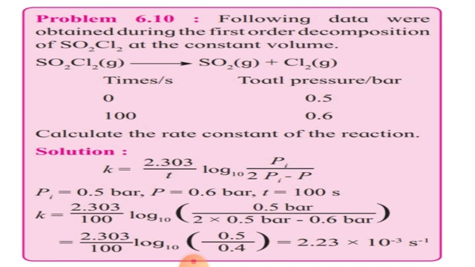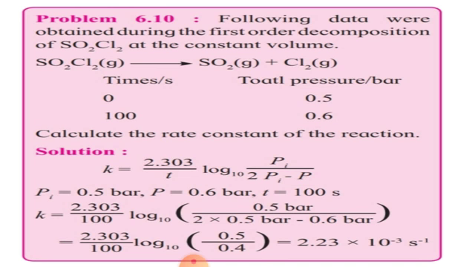I am repeating it again. At time 0 second your total pressure is 0.5 bar, while at time 100 second your total pressure is 0.6 bar. This data has been given in the question. What are we supposed to find out? We are supposed to calculate the rate constant of the reaction.